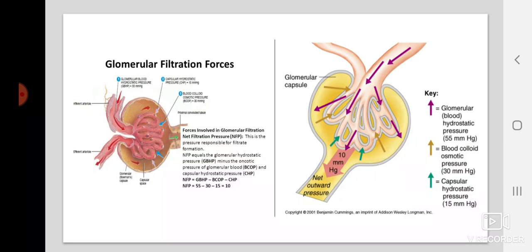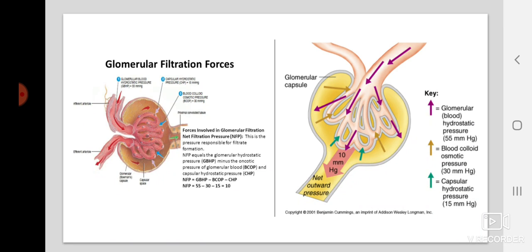In this space fluid is already present, and it produces an opposite pressure on the glomerular capillary. So this is the opposing pressure, and this yellow is the blood colloid osmotic pressure.